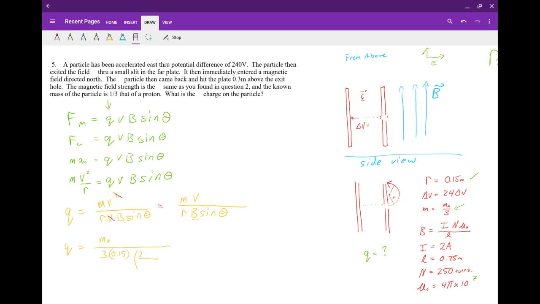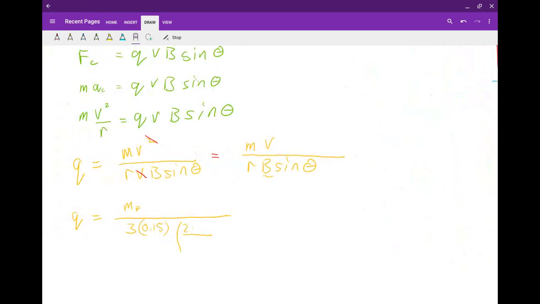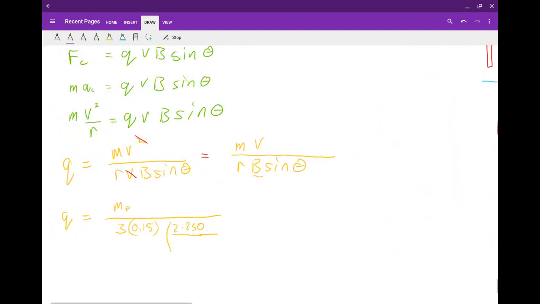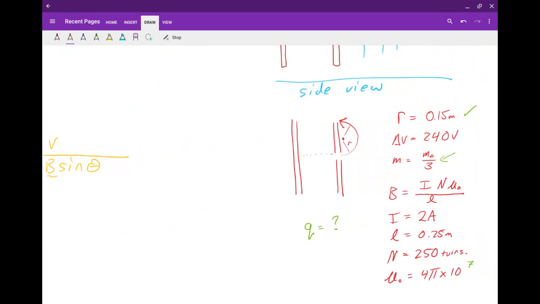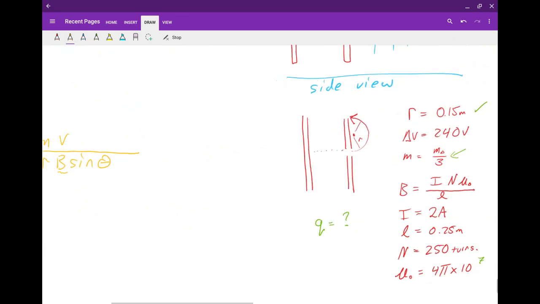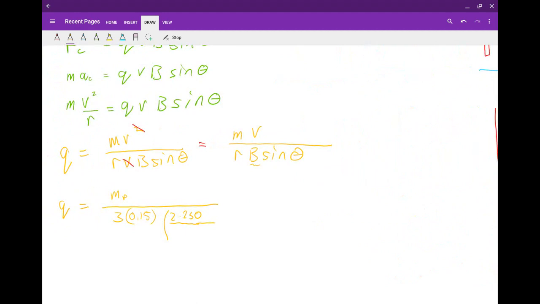Oh, I didn't give myself enough space here. I'll zoom in a little bit. 2 times 250. And then what was it again? It was permeability of free space over length, all right? Length was 0.25, okay? And the magnetic permeability of free space is 4 pi times 10 to the minus 7, okay?